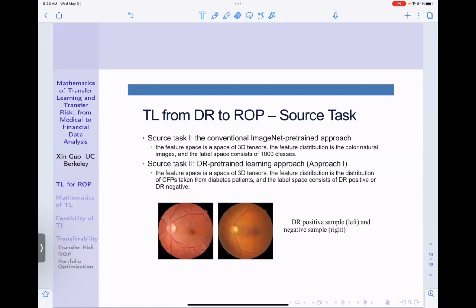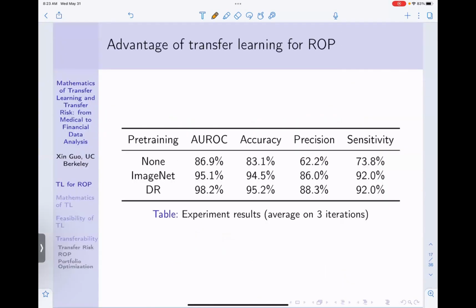One is using these generic images to learn the features and do the classification, basically redesigning the neural network structure and adding a few layers. And similarly, we do this with DR, which is more relevant images, and transfer the knowledge. Of course, intuitively, you would expect much better results for the second one.